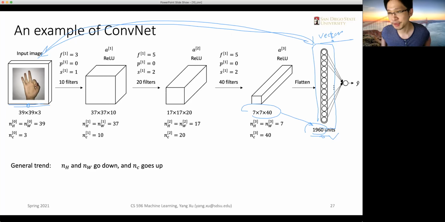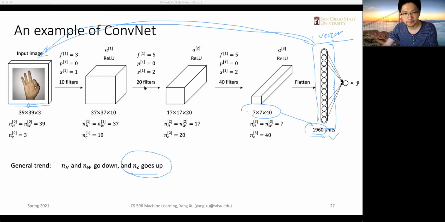Well, on paper, theoretically, to make the convolutional operation make sense for image classification. And the general trend, as I said, is that the height and the width go down for each intermediate representation, and the number of channels go up. There are two reasons for this.